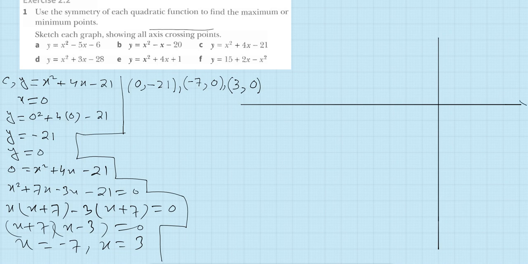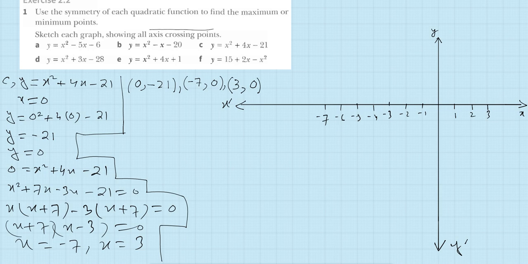So this is our x-axis, this is our y-axis, this is negative x, and this is negative y. So 1, 2, 3, minus 1, minus 2, minus 3, minus 4, minus 5, minus 6, minus 7.